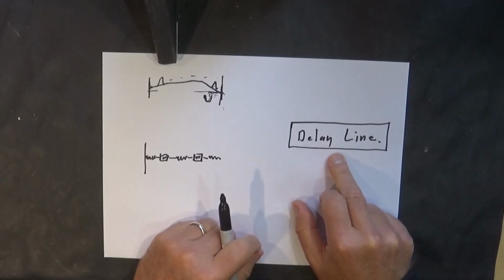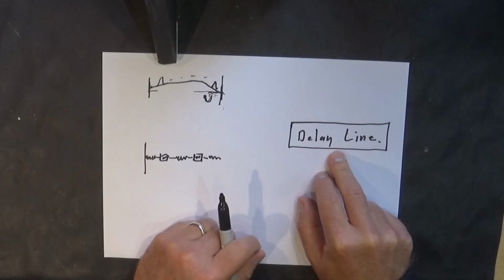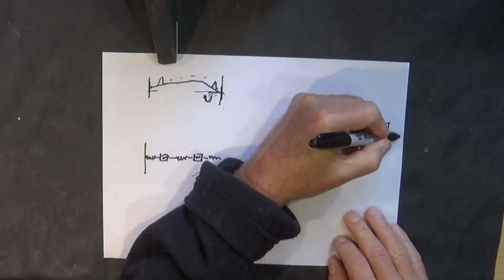digitally. And in fact, if you have had a play with the pulse saw, and please do if you haven't yet, link in the description where to find it. The phasor in that is simply a delay line, and these reflections and it coming back round, that's the output.